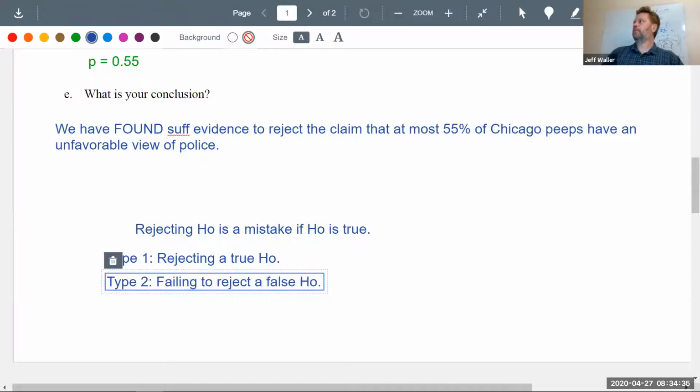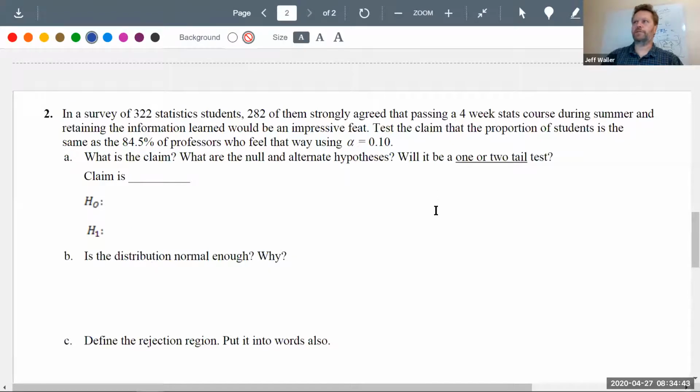So let me see. I did not find what I wanted to find, and that sucks a lot. Let's do this. Here. You guys look at this one. Try to do the first step on this problem here. You guys see this problem? The one about the 4-week stats class? I do teach a 4-week stats class.